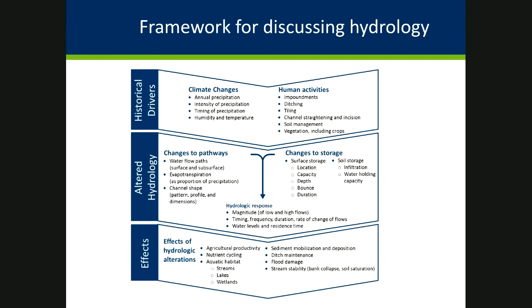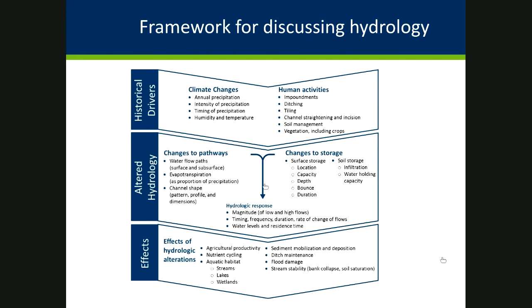A framework that I've been using to talk about these issues is we've got these historic drivers of hydrology, climate and humans. We've been making changes to pathways on the landscape. Those are our water flow paths. We treat in this model evapotranspiration as a pathway. That's part of the water cycle. And then channel shapes. We also have changes to storage, both surface and soil storage.